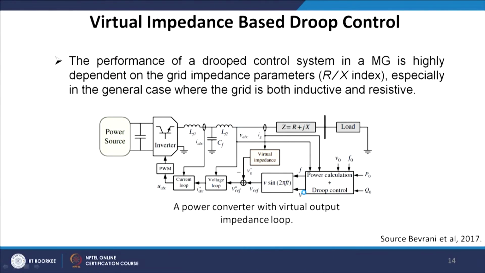Now, concentrate on virtual impedance based droop control. The performance of a droop control system in a microgrid is highly dependent on the grid impedance parameters, that is the R by X index, especially in the general case where the grid is both inductive and resistive.